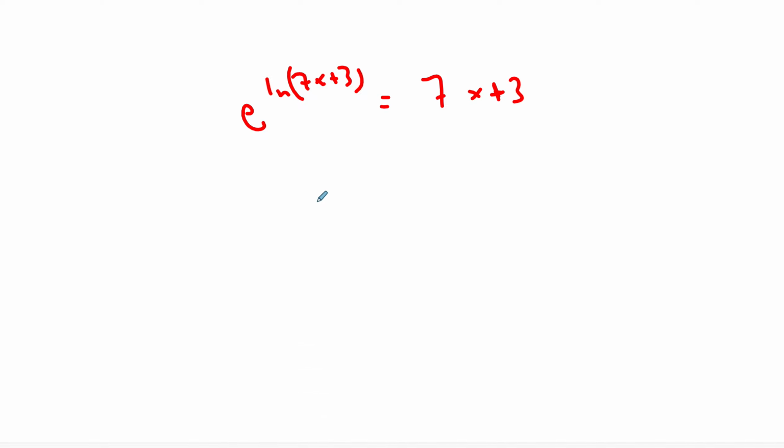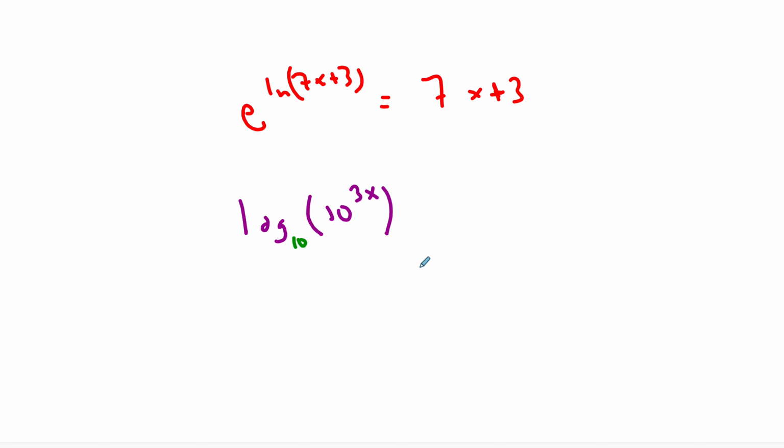So let's say that we had the log of 10 to the 3x. Now, we're going to look at some properties that can help us deal with this too, but first off, we know that this is a common log. If I don't write a base, then we know that this is base 10.